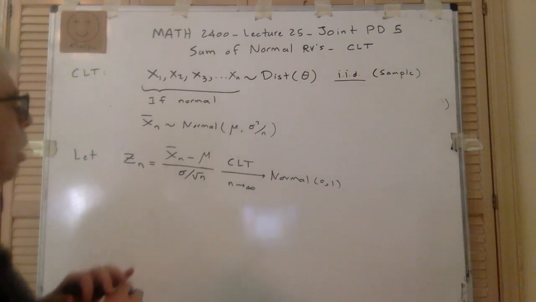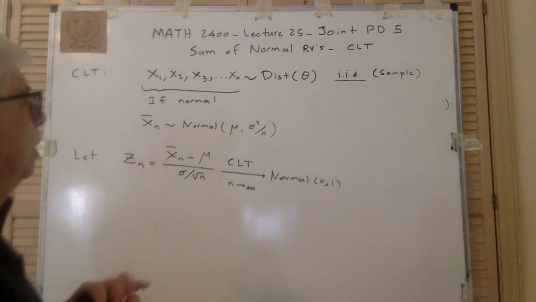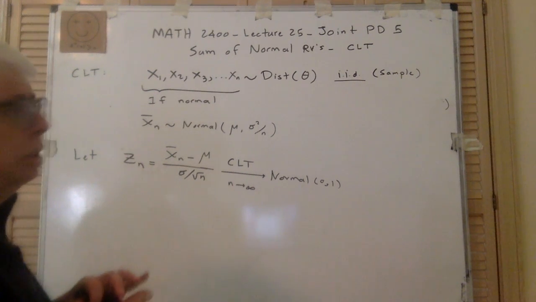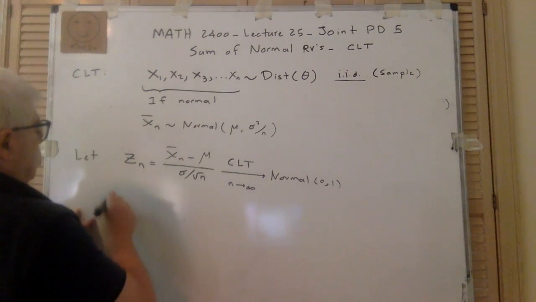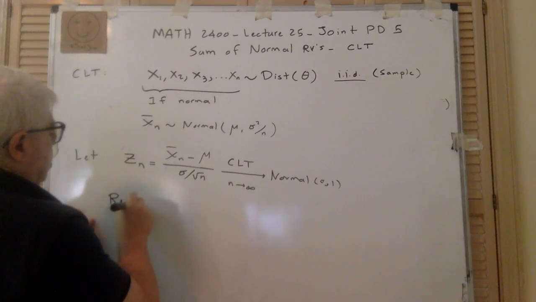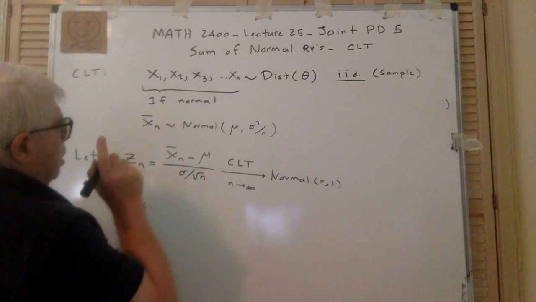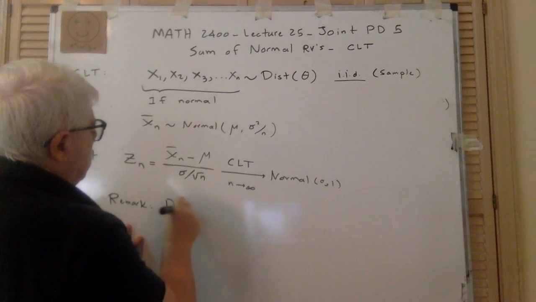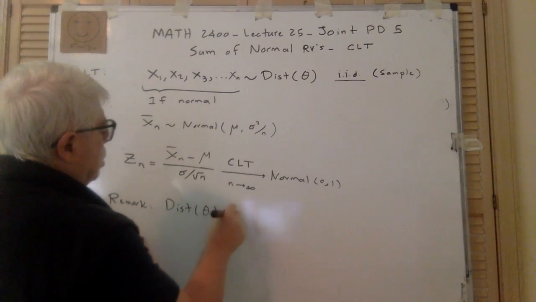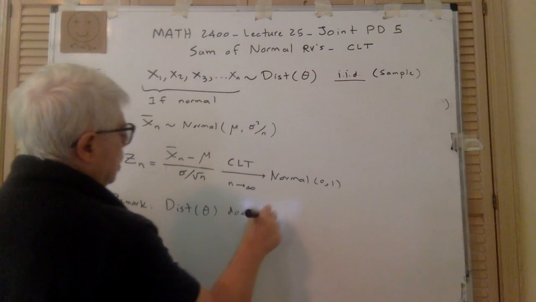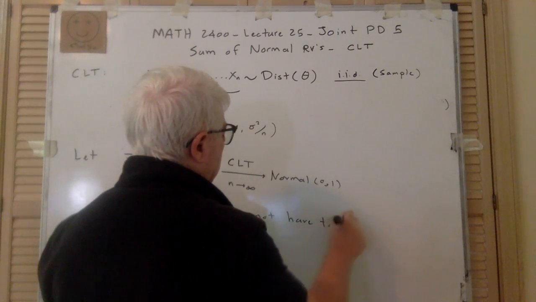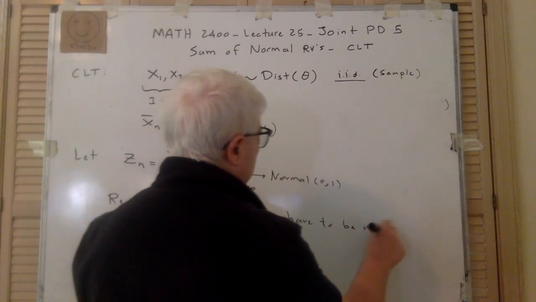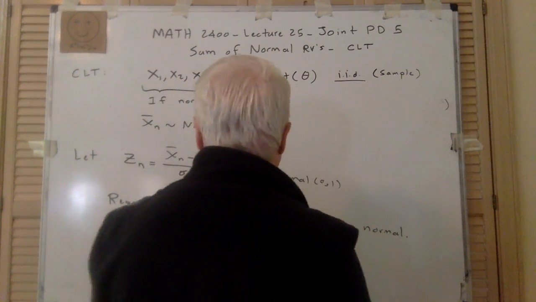But what does this also mean? It means that if we sample from any distribution, so the interpretation is this. So let's write it as a remark. The distribution does not have to be normal. Okay?